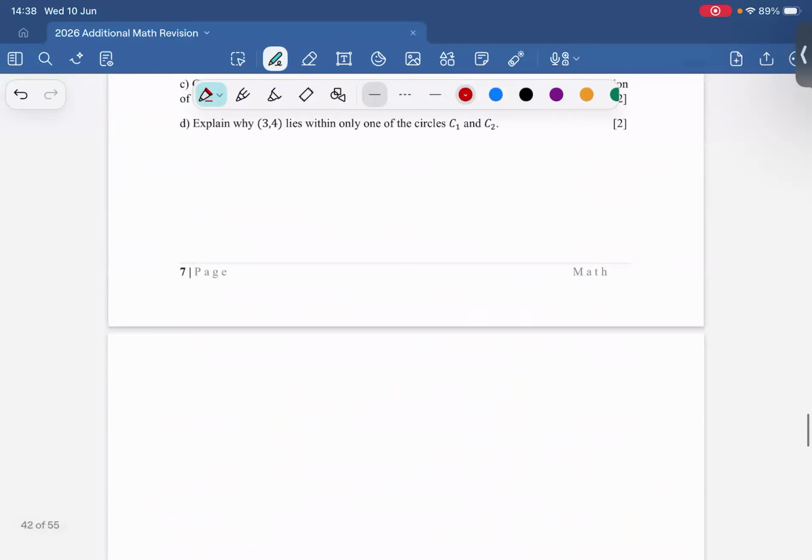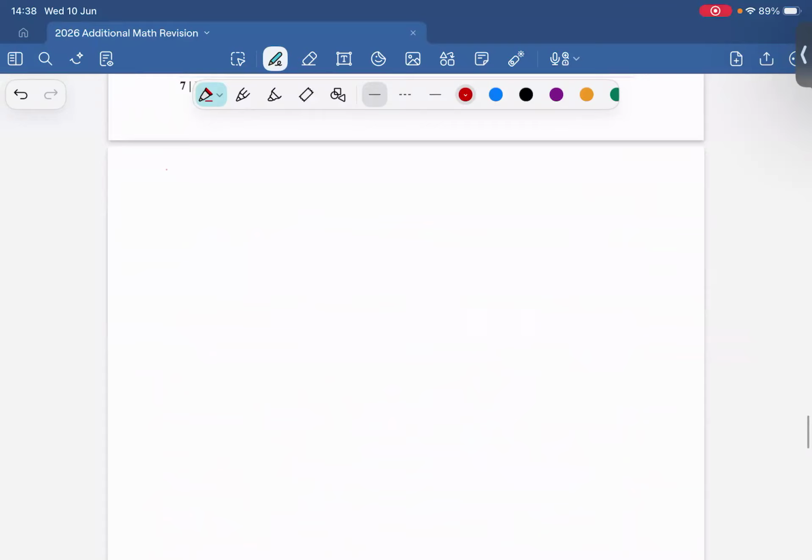Okay, I move on to circles already. So what do you need to know in circles? You need to know that this is the most important form of a circle. Why is this an important form?